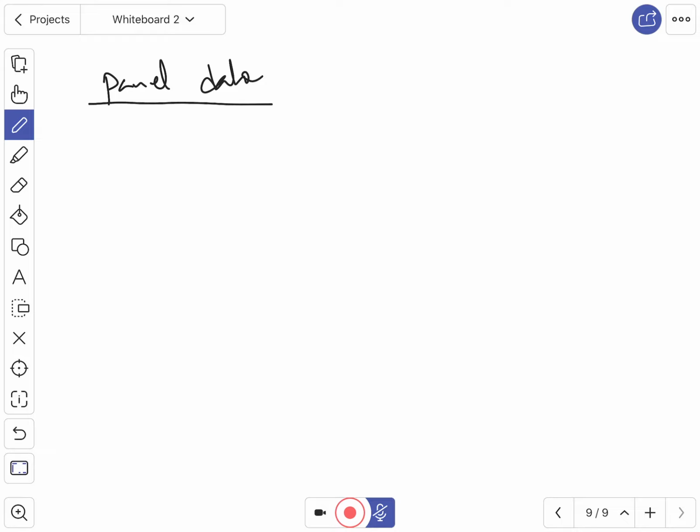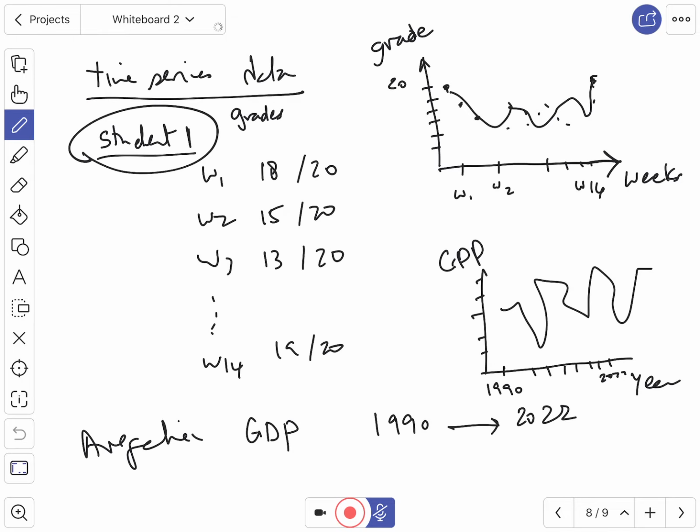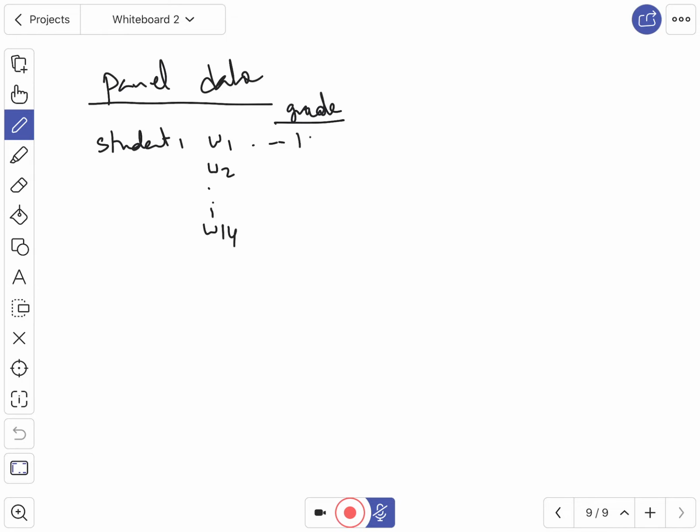So let's say you're talking about student 1, for week 1, week 2, all the way up to week 14, and this is the grade. For the example, we said the first one was 18, 15, 13, the last one was 19.